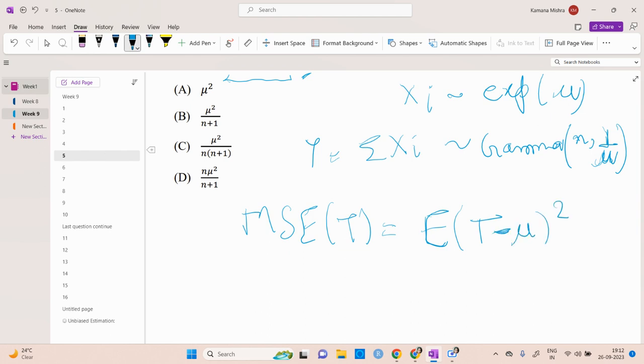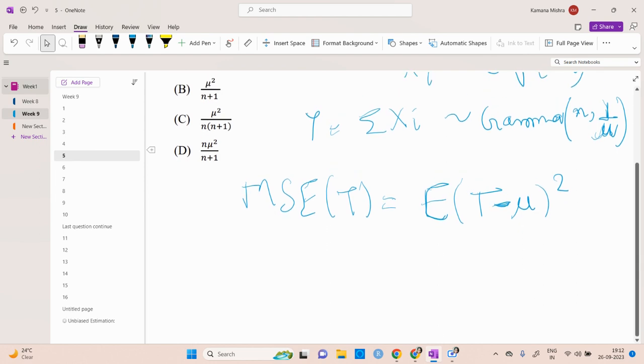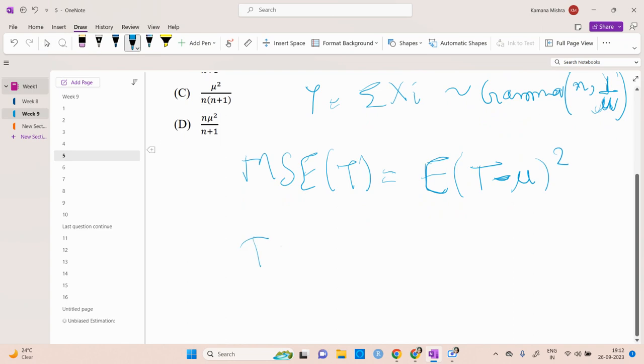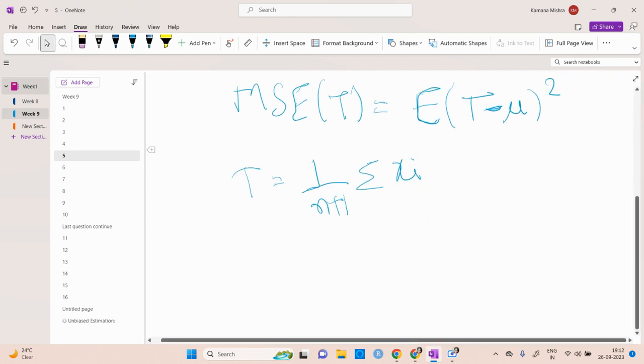Right? So now T is what? 1 upon n plus 1 summation xi. Now this summation xi we can write as y, because now we know the distribution of y, so we can find its expectation directly. Right?